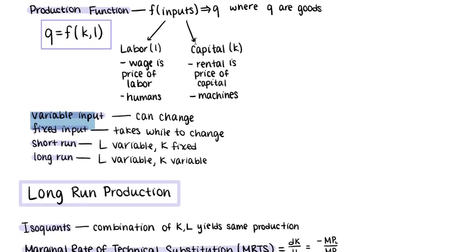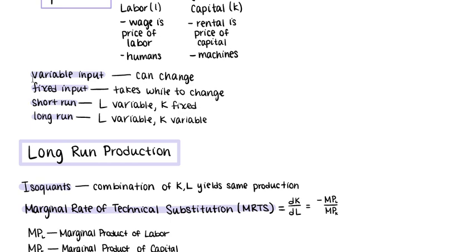Before we talk about long run production, I want to introduce some concepts, as we have different types of inputs. Variable inputs are ones we can change and optimize. A fixed input is one that in the short run, within a certain time, we can't move, we can't do anything about that cost. It takes a while to change. That's a very short run.